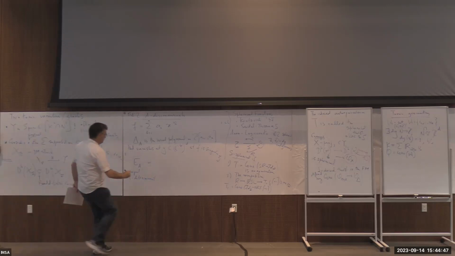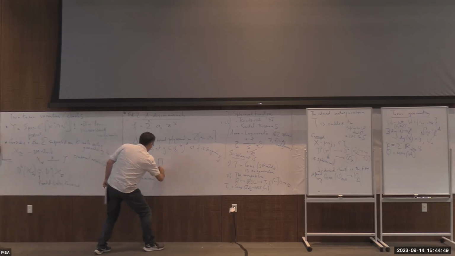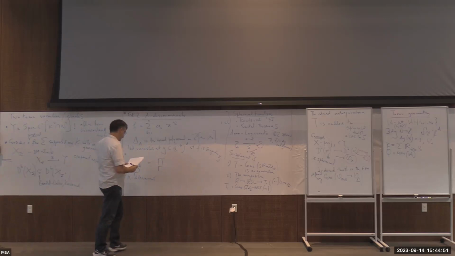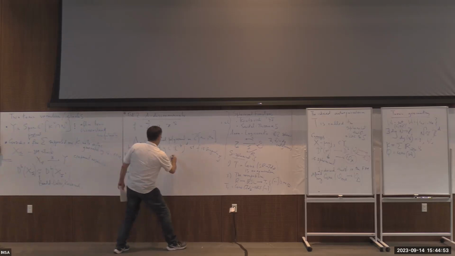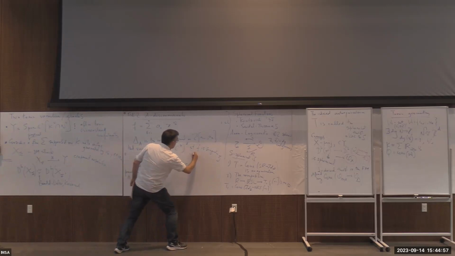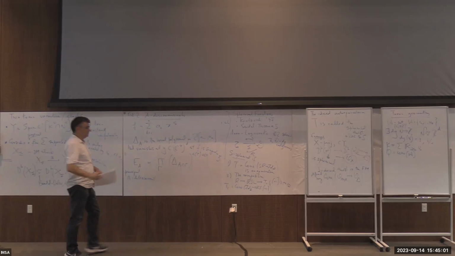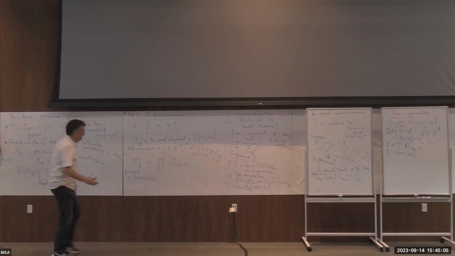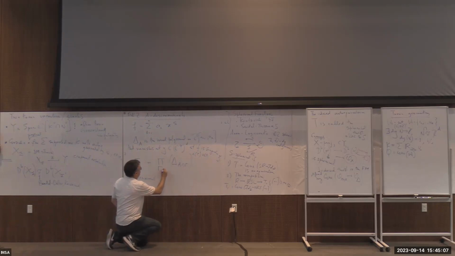So it looks like this. It's a product over, I'll explain in a second, over, so there are a few things to explain here. So gamma, these are all the non-empty faces of Q.